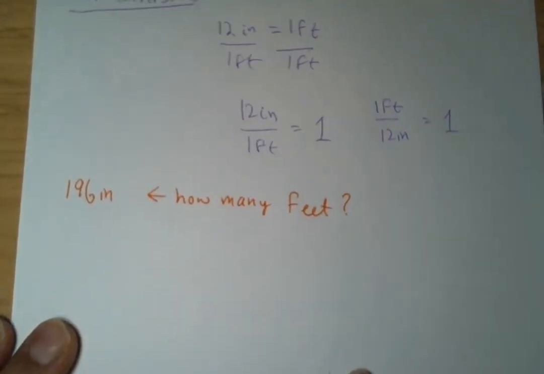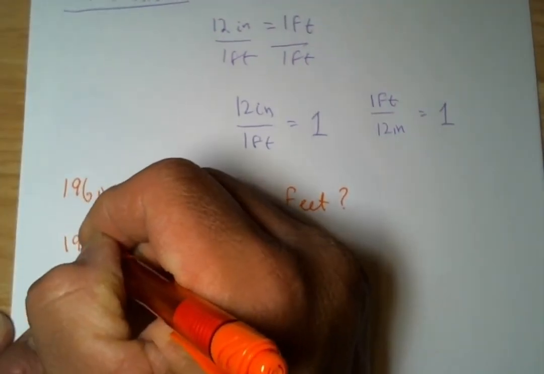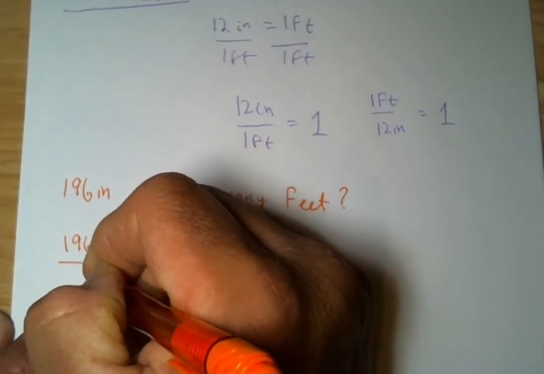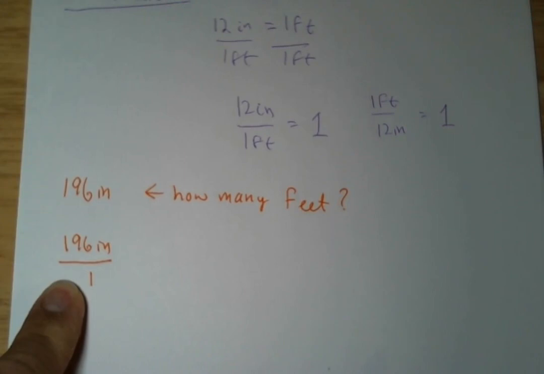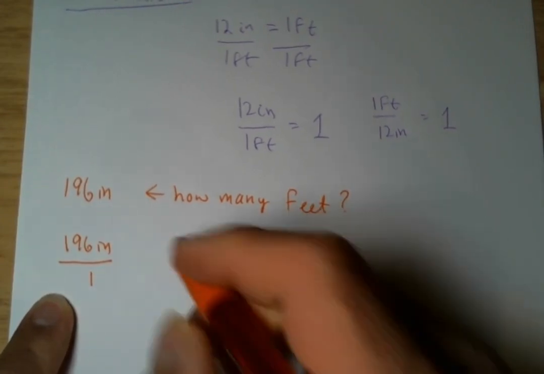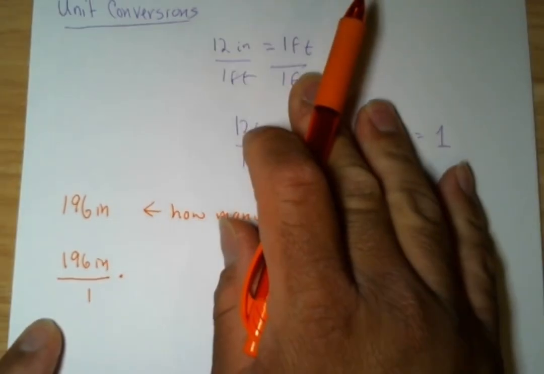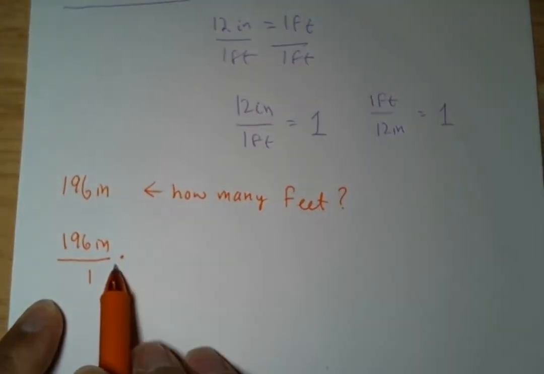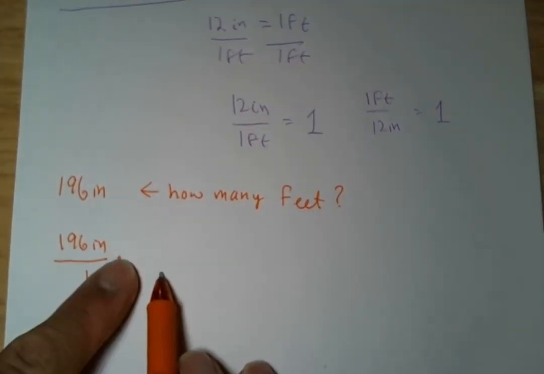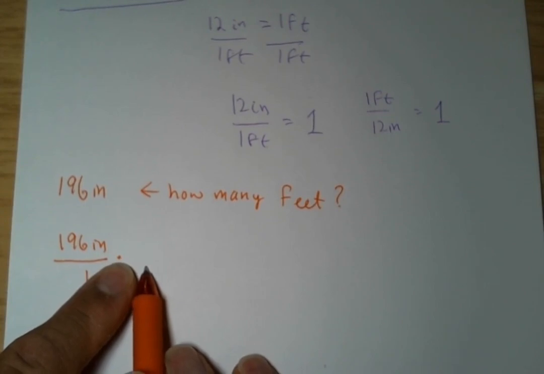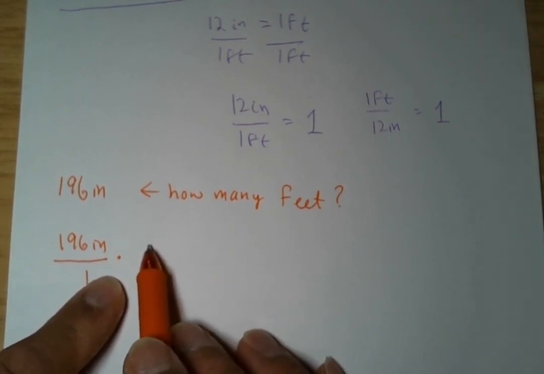All right, so I'll start off by writing this as a fraction over 1. Now the goal is, the same way that I reduce fractions, I am able to reduce units. So I want the inches to be in the denominator, and in the numerator, I want the feet.